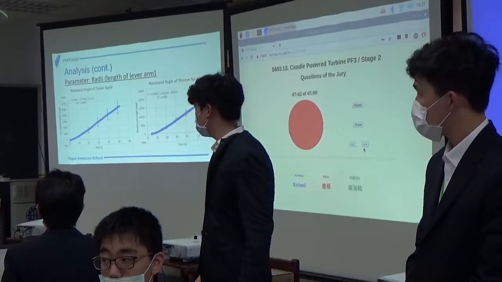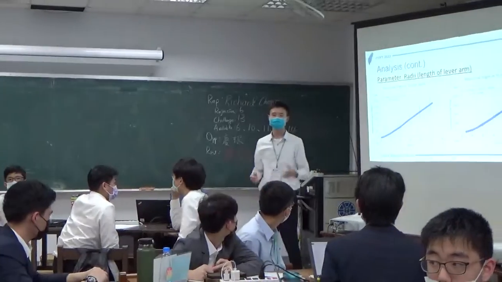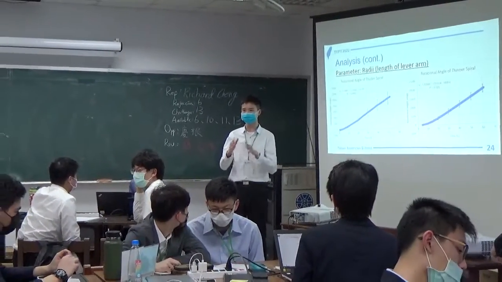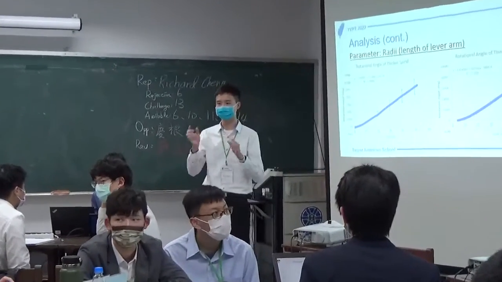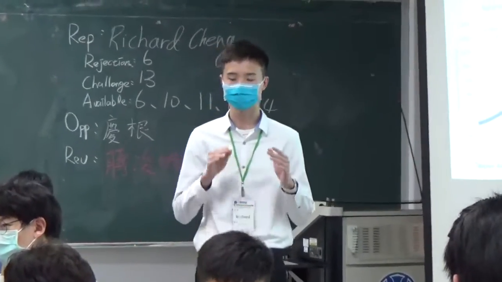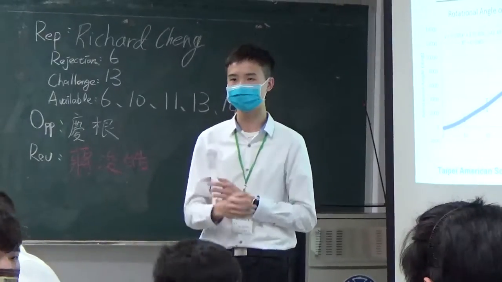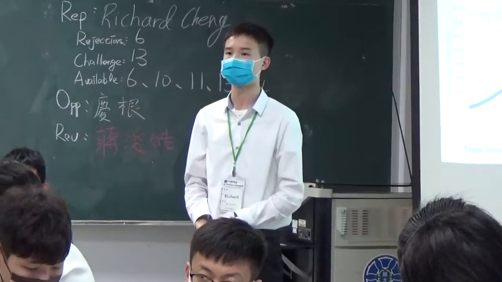Wait, could I clarify something about that gentleman's question? I think that if the wider part of the spiral was closer to the fire, that would increase torque, and if the thinner part of the spiral was closer to the fire and the wider part further from the fire, it will decrease torque instead. So it would in fact change torque. Okay. Thank you.